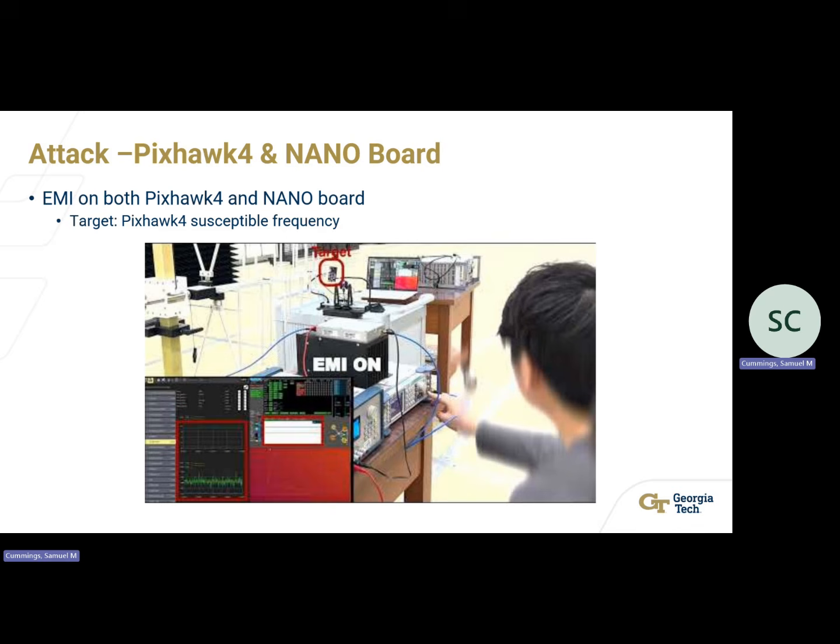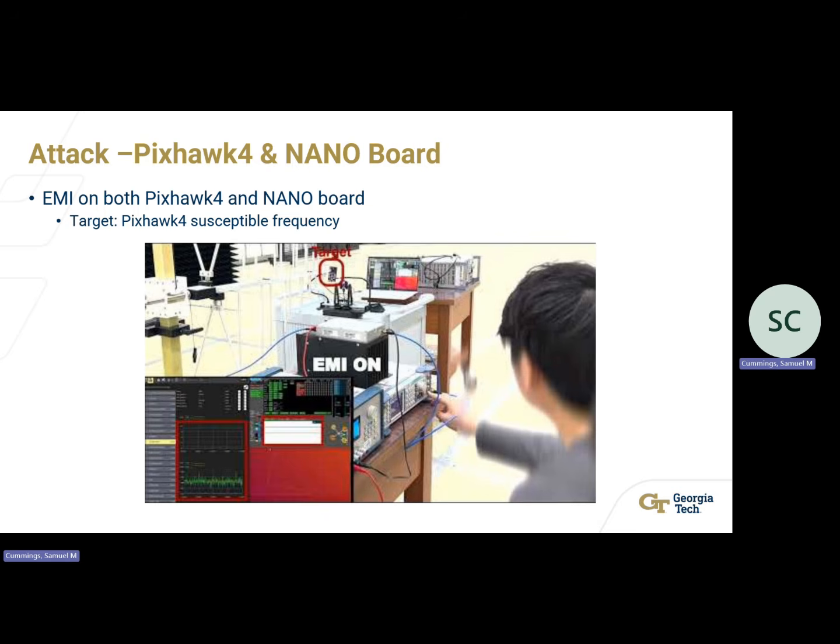Okay, and now this attack has two boards listening in, the Pixhawk 4 and the Nano board, but they are only targeting the Pixhawk 4. Or in other words, they have the target frequency of the Pixhawk 4 that they found out earlier, and they want to show that you can target specific boards and not affect others.